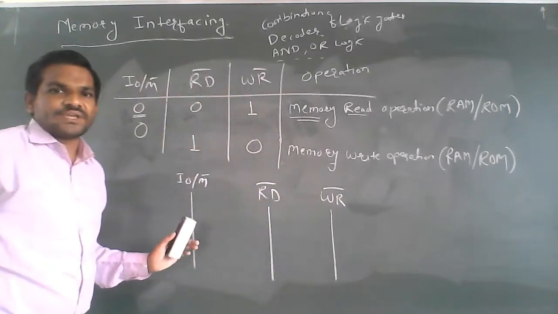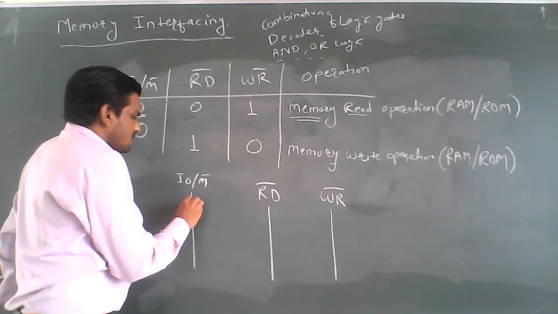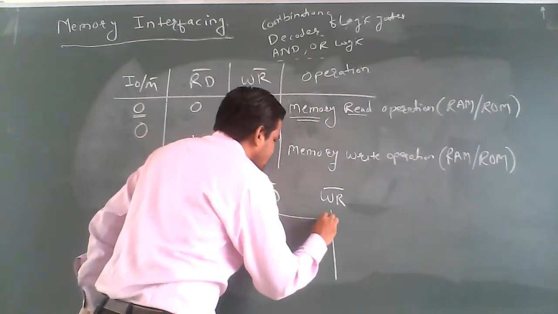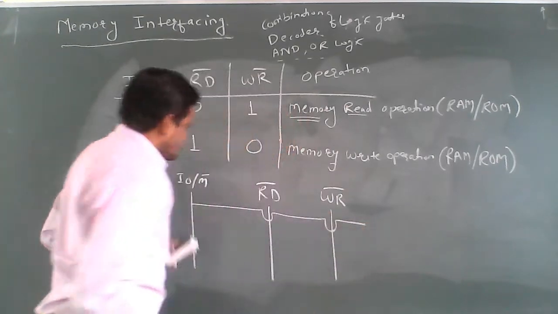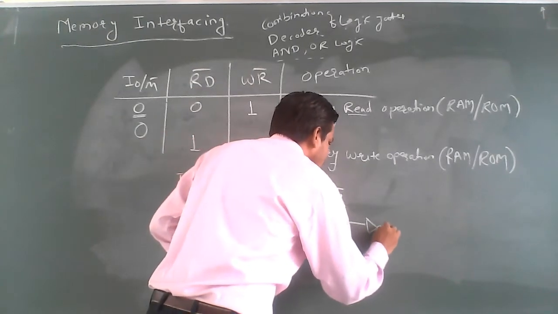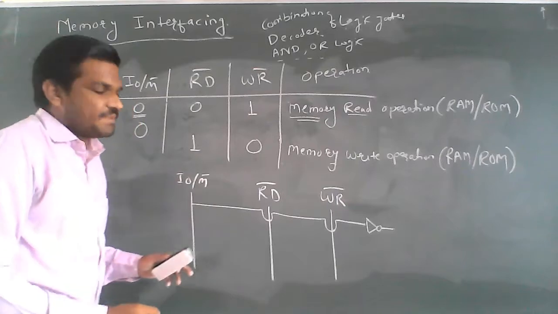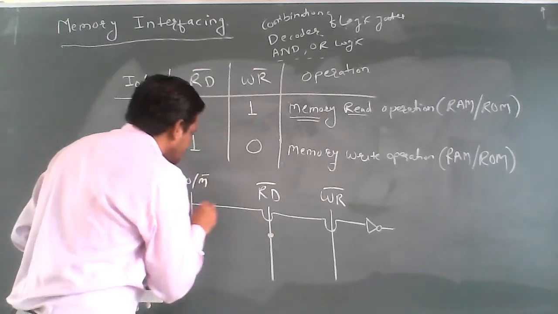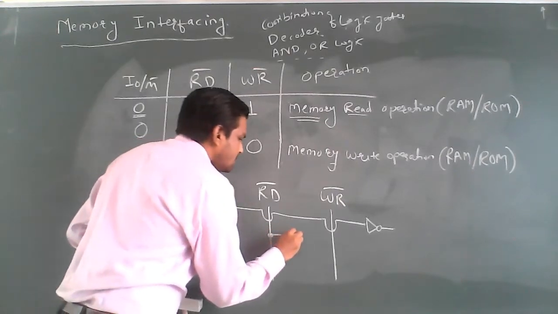These are the wires. Now I am connecting this IO/M bar, using an inverter here, and another pin is my RD bar pin.